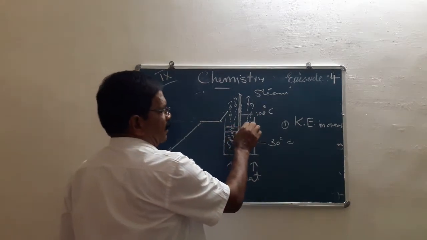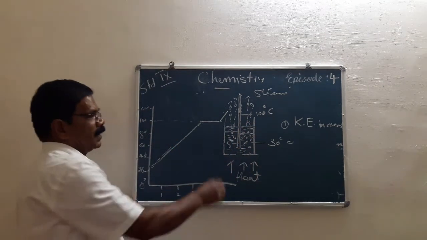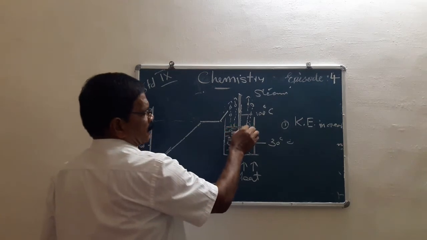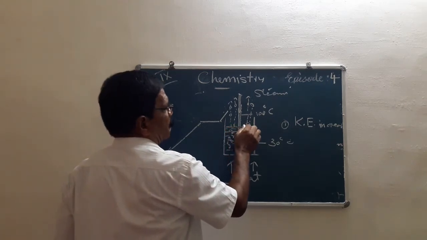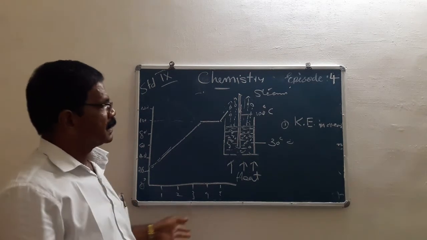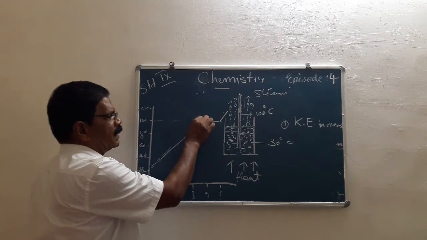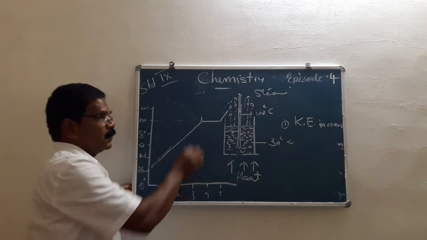Each particle on the top has only one side free. So at first the surface water molecules go to the atmosphere in the form of gaseous state. At this point the water began to boil.